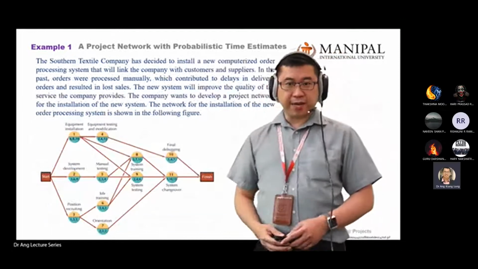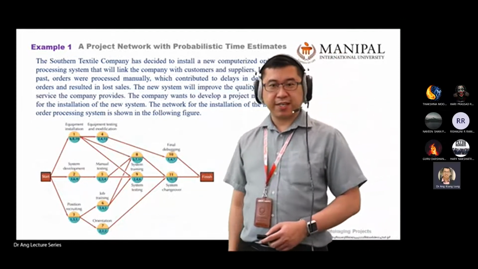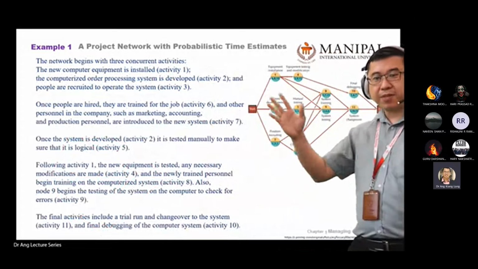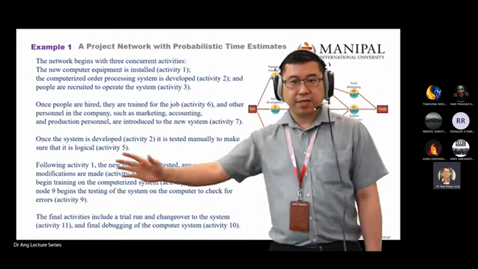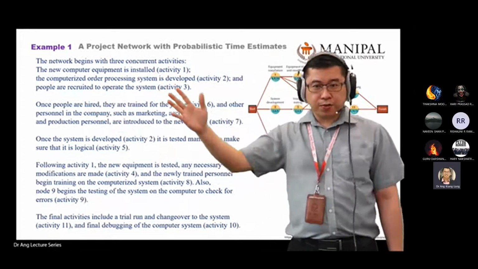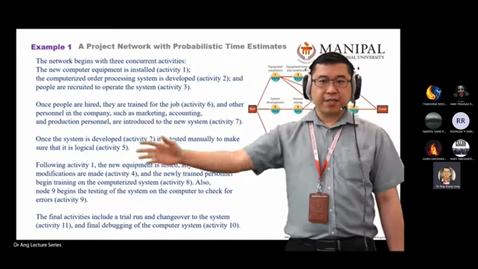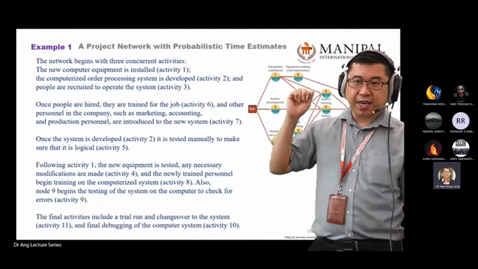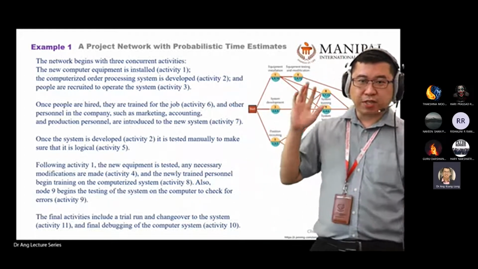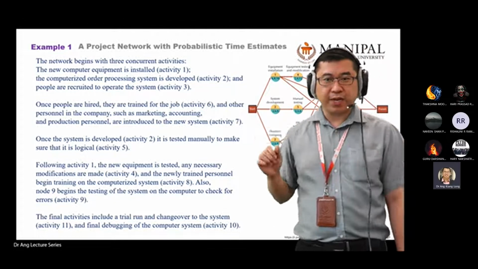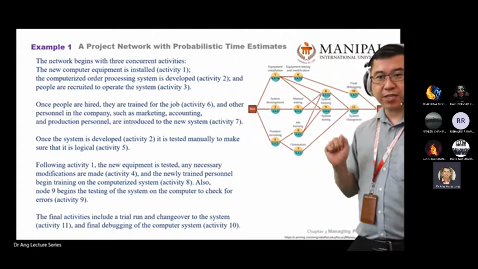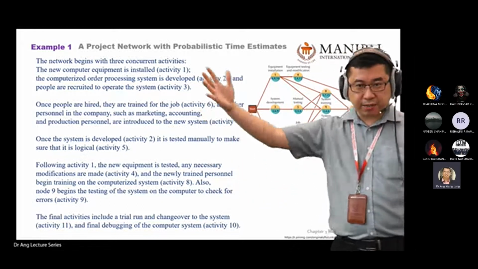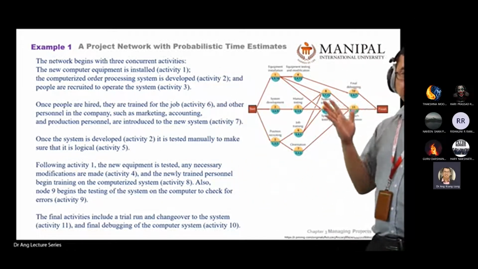It's a very lengthy tutorial question. You have the diagram for the tutorial question, and it tells you some story: basically what activity 1, activity 2, activity 3, activity 4, activity 5, activity 6 are. But this is just an explanation of what this network is.